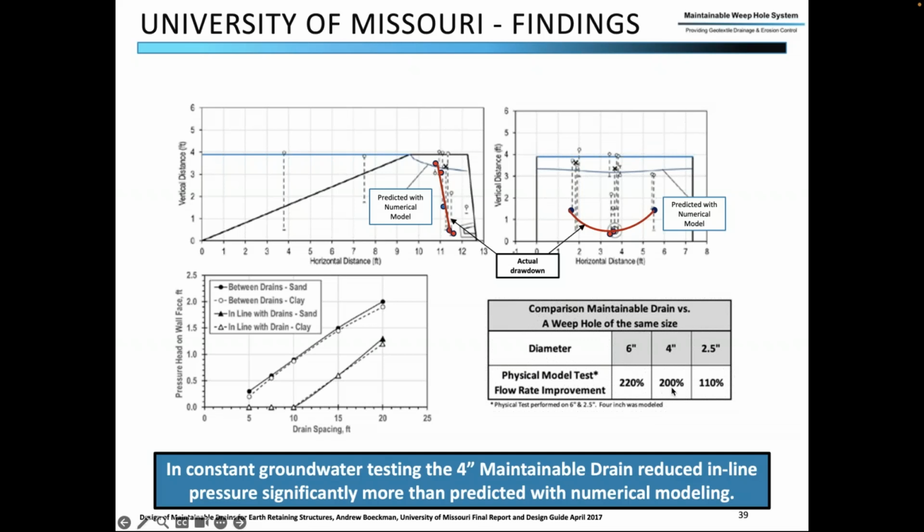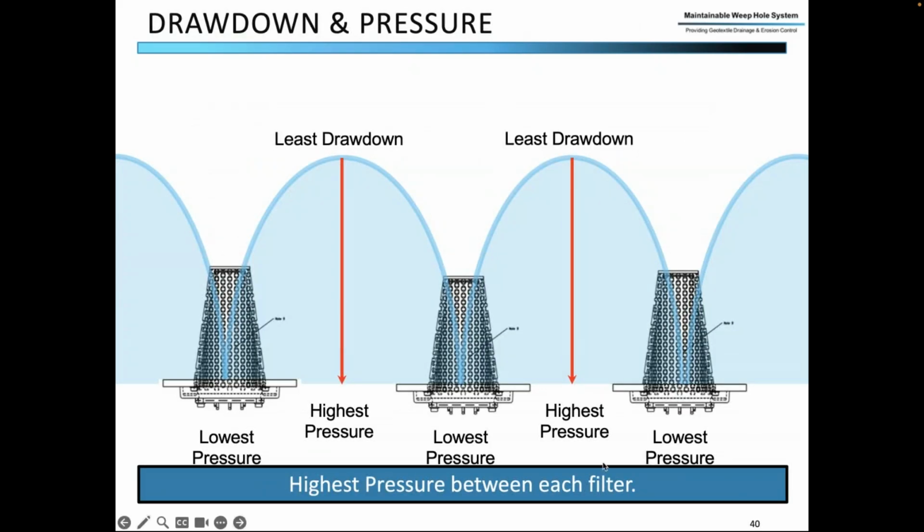And then they tested with a 2-dimensional weep hole and a 3-dimensional weep hole, and they were able to model the performance increase. Now, I bring this up, and I'm showing just a real quick image here about the least drawdown and highest pressure is in the middle of the units.